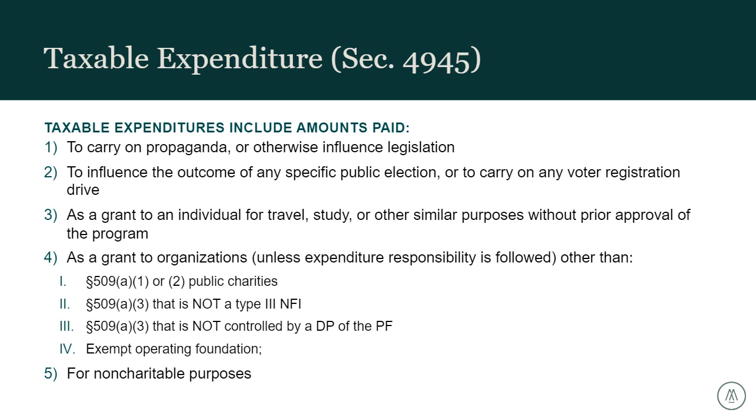Your charitable purposes include such things as religious, charitable, scientific, literary, educational, fostering of amateur sports competitions, or prevention of cruelty to children or animals. That's a pretty common section of the code that you can Google pretty quickly just to make sure you know what things the IRS considers to be charitable.